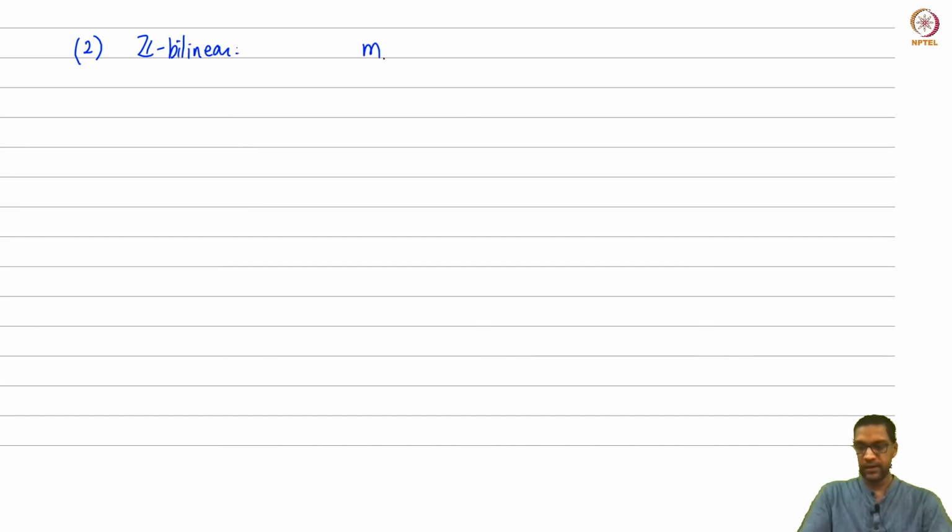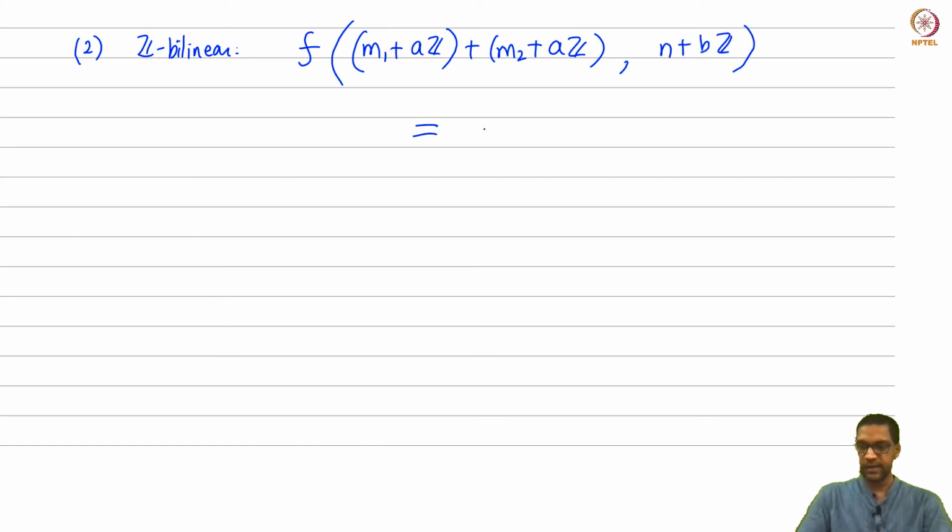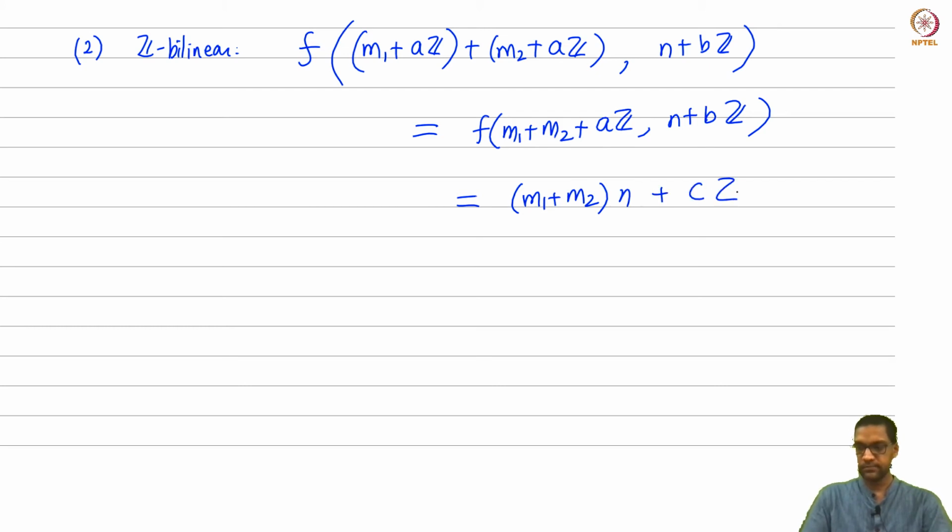So if I look at m1 plus az, what is f evaluated at? If I take a sum of two things in the first component, what is the answer? Well, by definition, this is just f of... So this is how you do addition of cosets, and this by definition is m1 plus m2 into n plus cz.